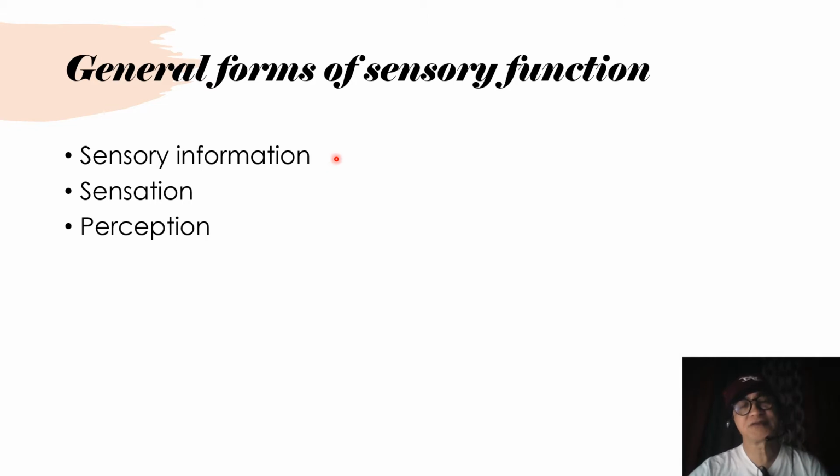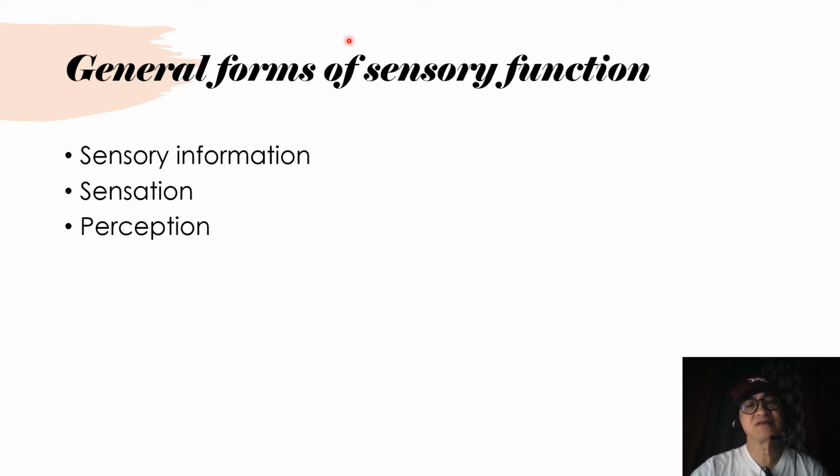General forms of sensory function include sensory information, sensation, and perception. Sensory information is any signal that originates in an afferent neuron and reaches the brain, whether or not it reaches consciousness.